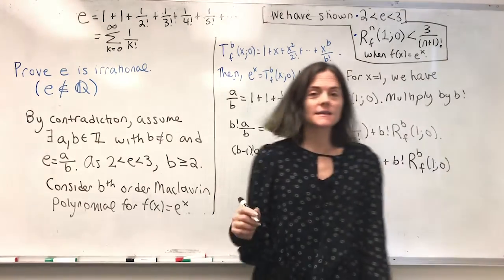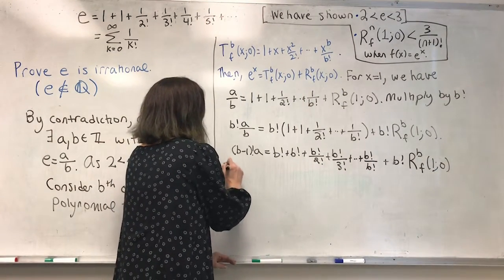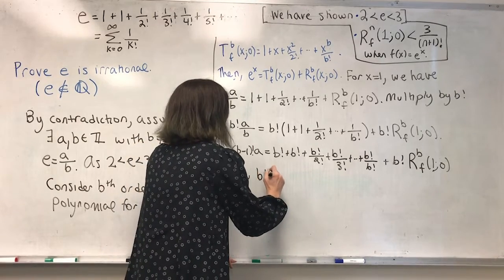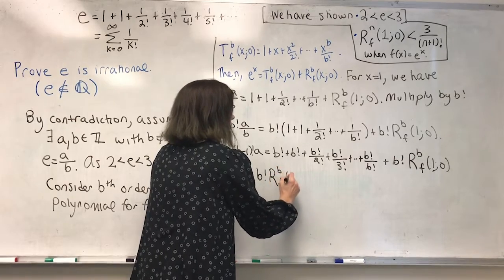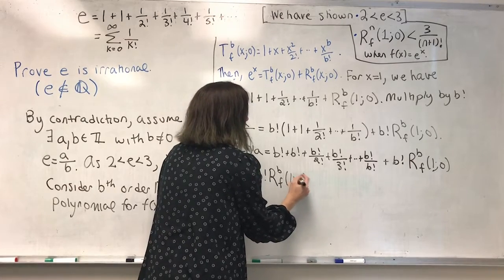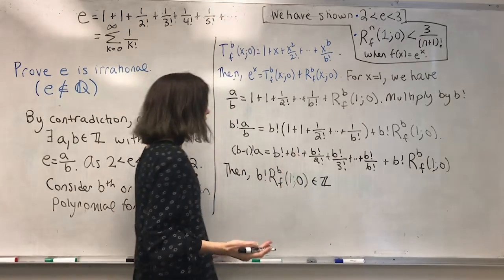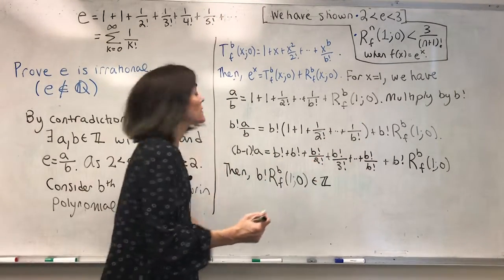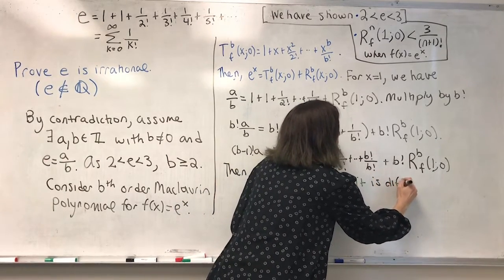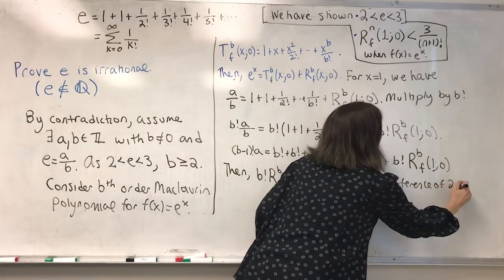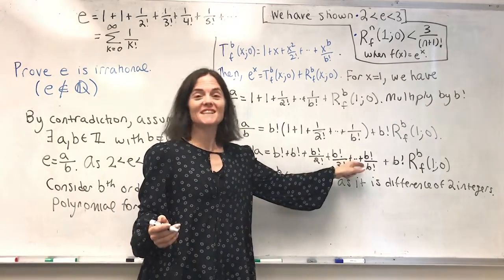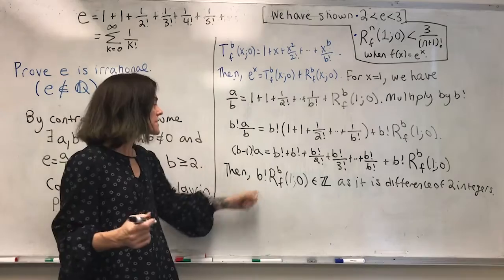So we may write, so then b factorial times this remainder must be an integer because it's one integer minus another. The difference of two integers, right? This is an integer. This big expression is an integer. You take one minus the other, we have this.